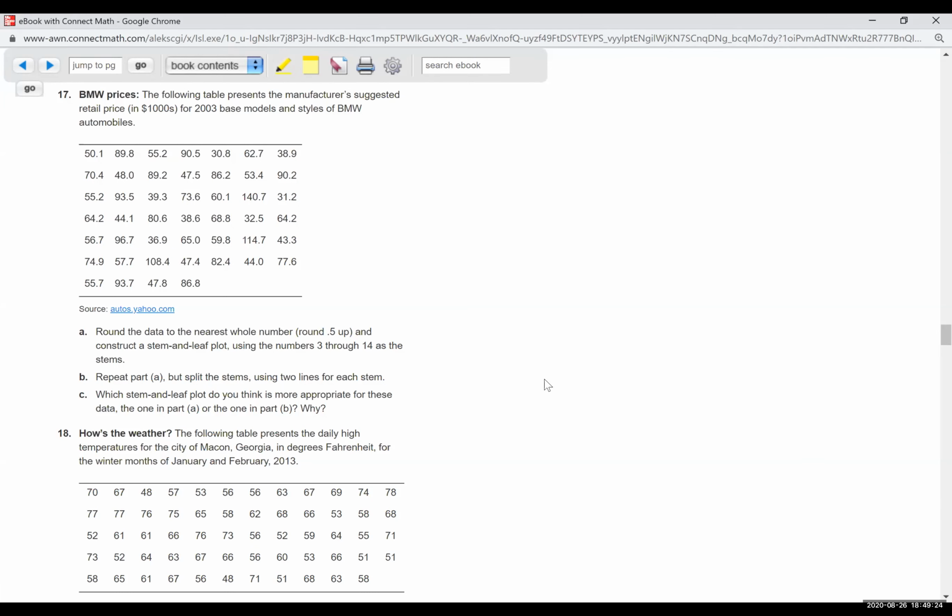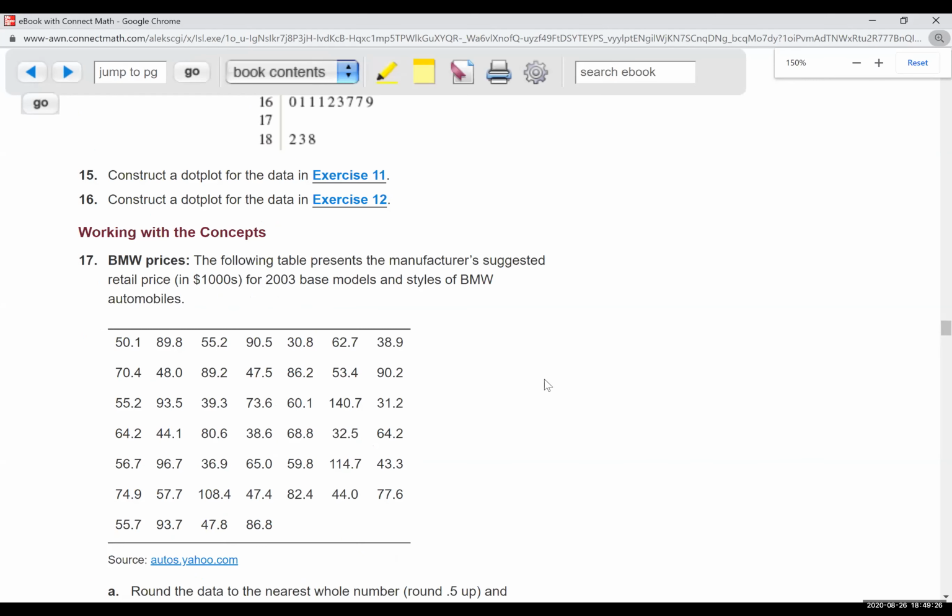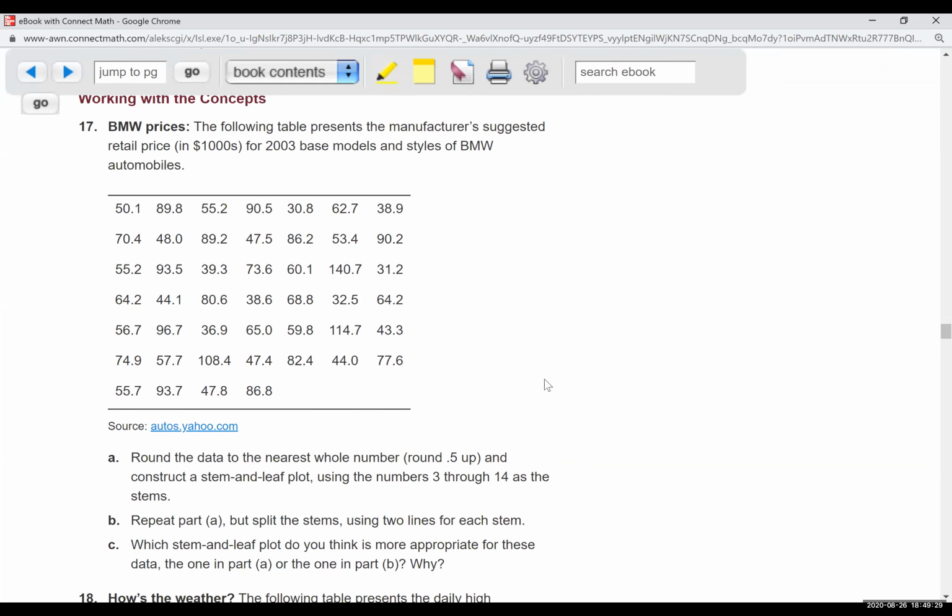Can you see that? Like here, number 17: repeat part A, but this time split the stems. Here's a quick example of this.